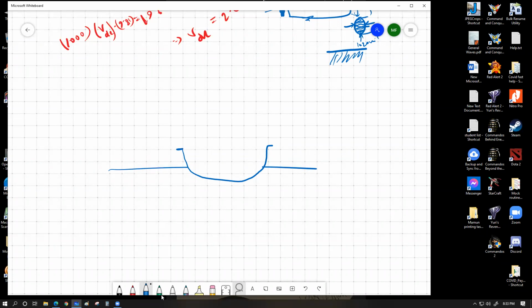We are seeing the long section, so we are seeing the side view. So this is all water. This blue line is iron, some alloy of iron. And what is this? What do we have here?